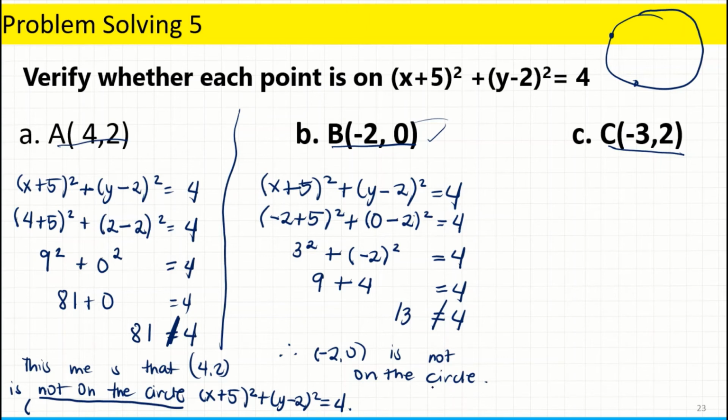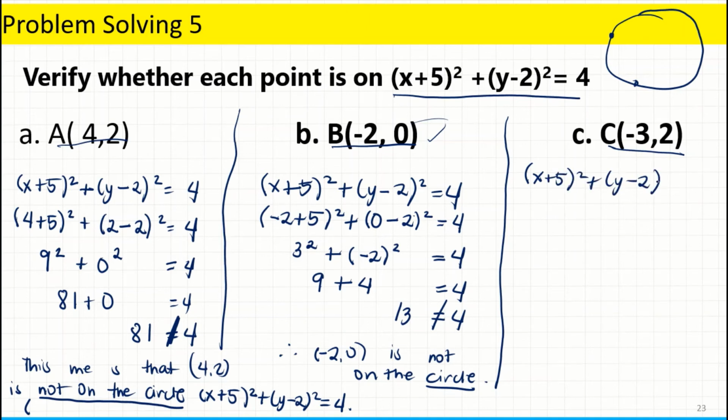Okay, yung circle na tinutukoy natin dyan ay mula dun sa ating equation. Okay, last, point C, negative 3, 2. Substituting again those x and y dun sa ating equation, (x plus 5) squared plus (y minus 2) squared is equal to 4.